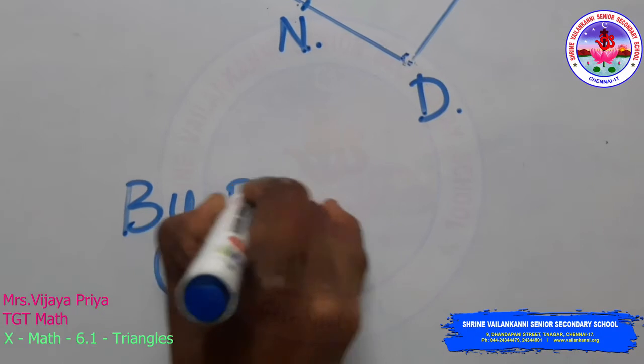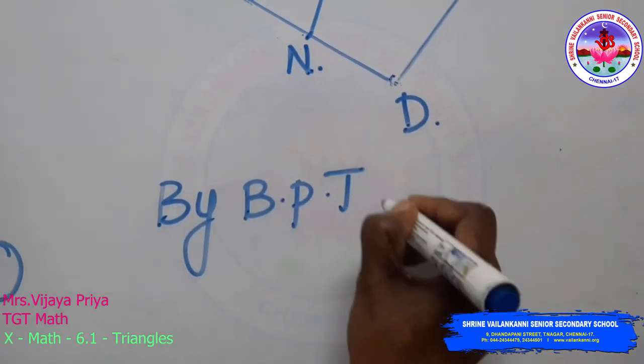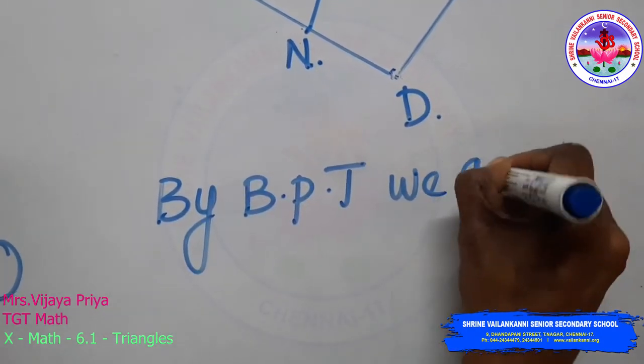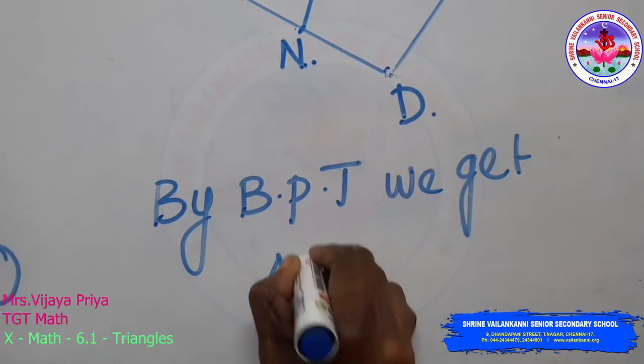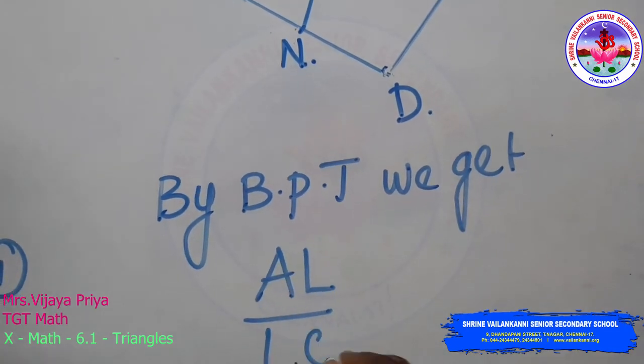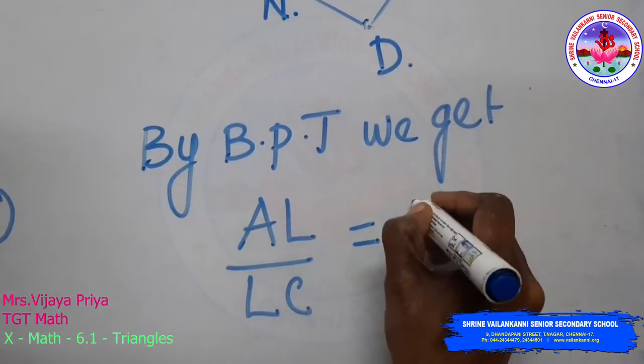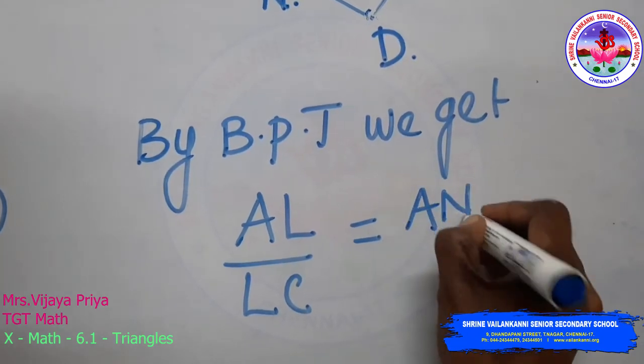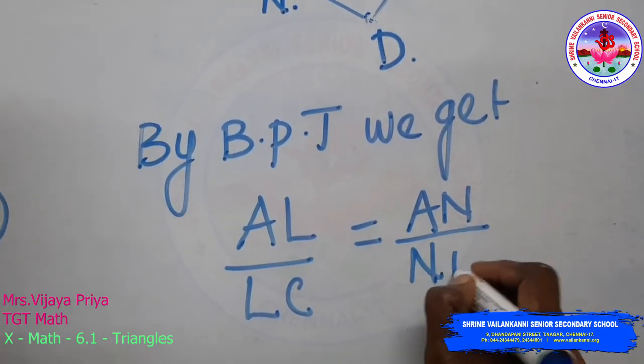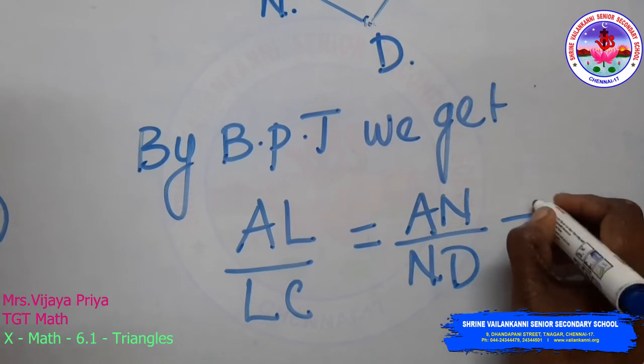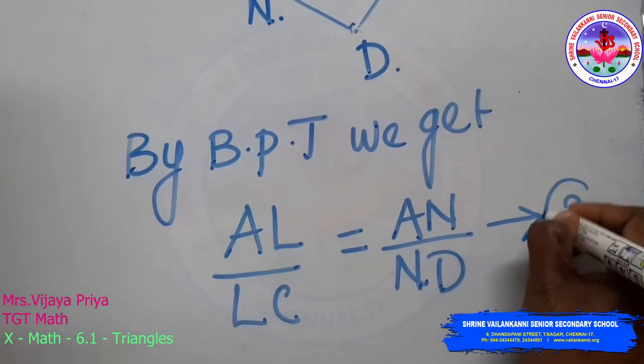By the basic proportionality theorem, we get AL by LC, the sides are in the same ratio. I will get AL by LC is equal to AN by ND. Calling this equation 2.